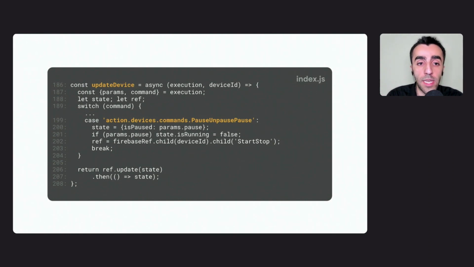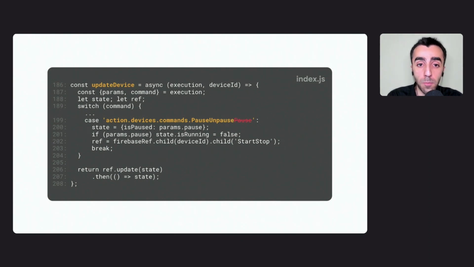And if you look closely, the pause unpause trait actually has an extra pause at the end. So we are deleting that extra pause from our code. This is also actually a very common error that we have seen across many developers. So always double check your trait names.